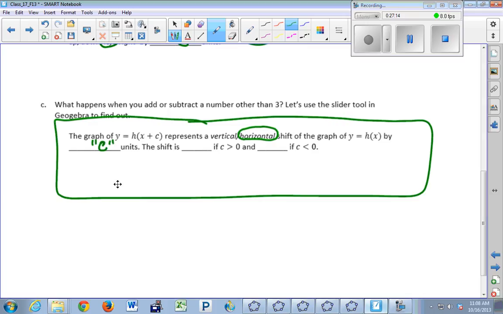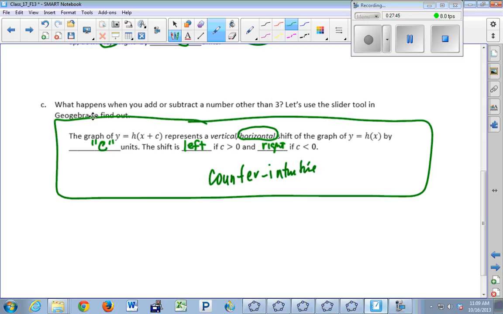So we're going to horizontally shift left or right c units. If c is a positive number, h of x plus c is a shift to the left. If c is a negative number, x plus a negative c, or x minus c, is a shift to the right. So this is counterintuitive.